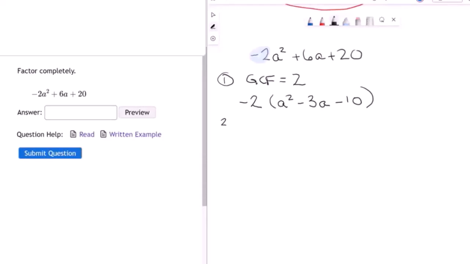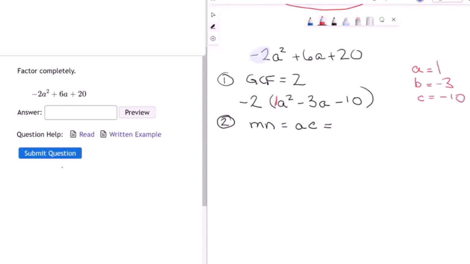Step 2. I want to find 2 numbers that equal a times c. Now, I know there's an a in here. It's a different a. I hate when they do this, but they do it. But I can say my a, which is the number in front of my variable, is 1. My b is -3, and my c is -10.